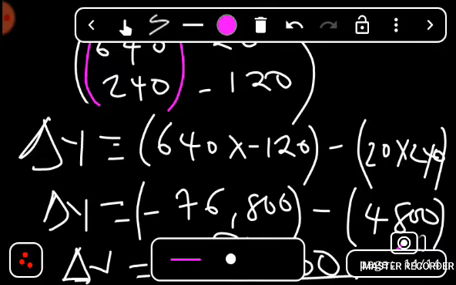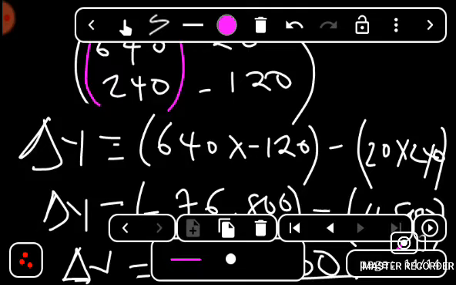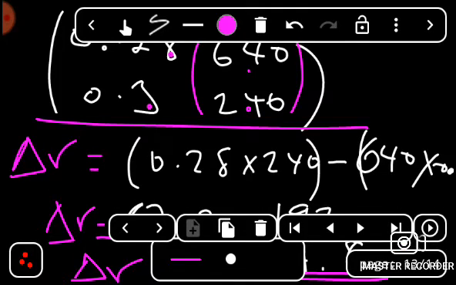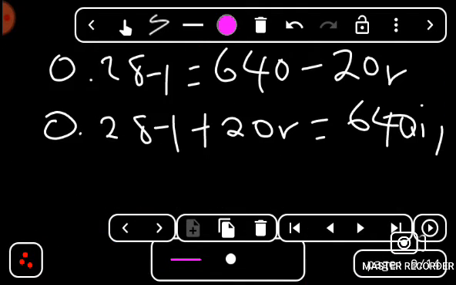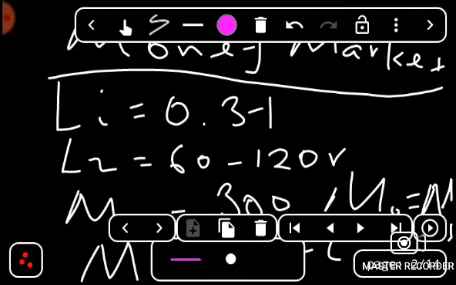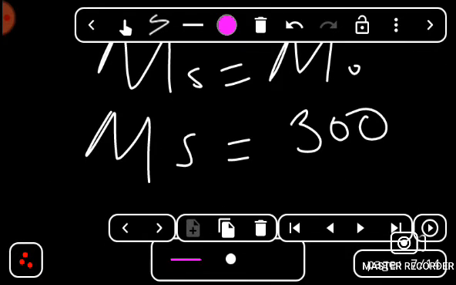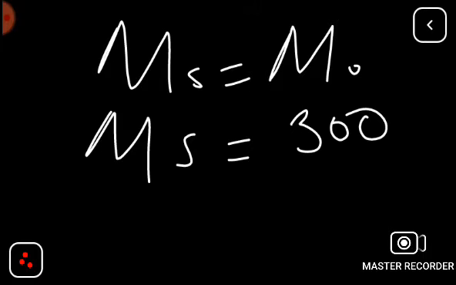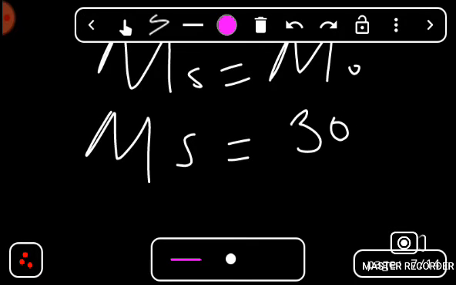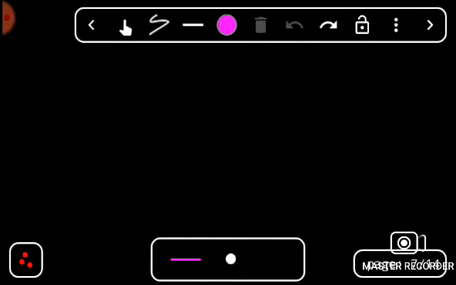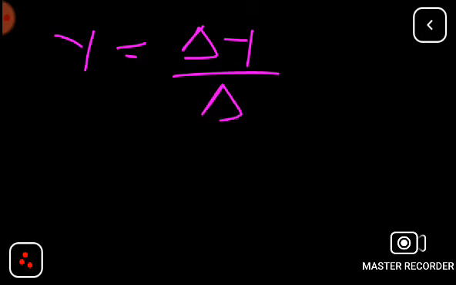So now I want to find Y, but what do I do? Let me look for a blank page. Okay, let me just use this page here. So now I want to find the change in Y and the change in R. Y is equal to the change in Y over the change.